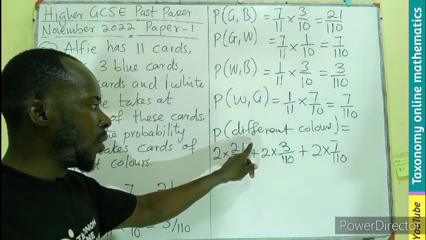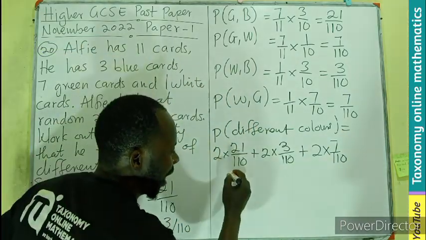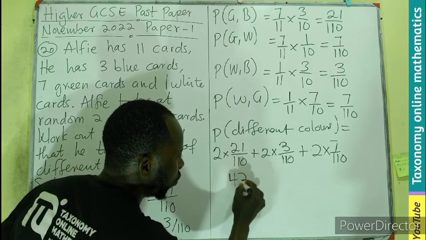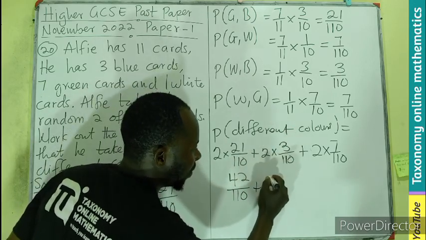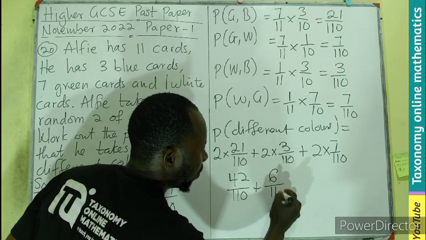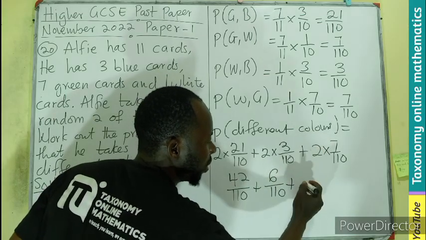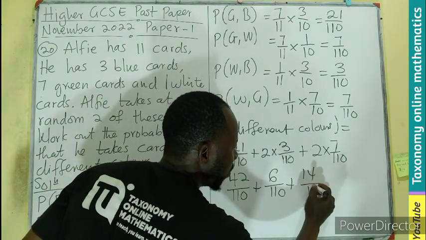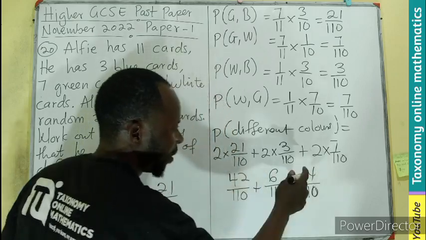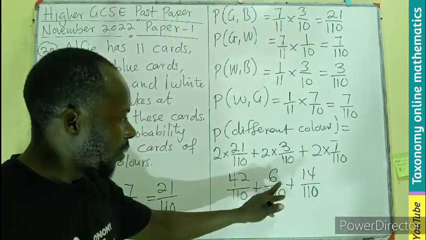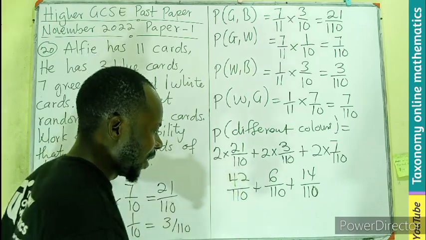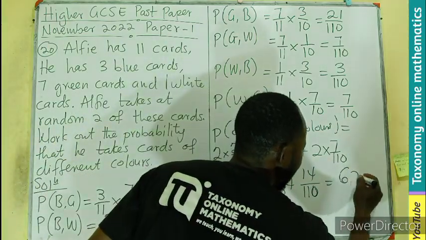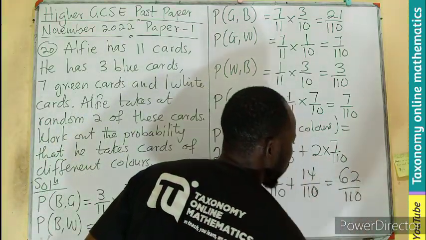The 2 will multiply only the numerator. So 2 times 21 will be 42 over 110. 2 times 3 will be 6 over 110. 2 times 7, 14 over 110. Let's add and see. This will be giving you 20 plus this, and that will give us 62 out of 110.